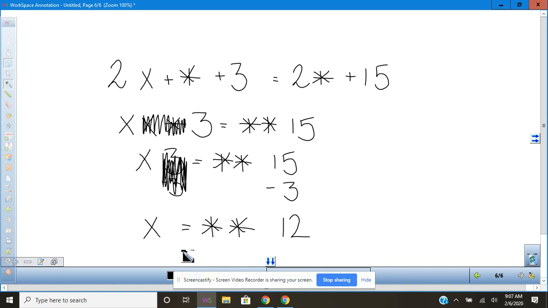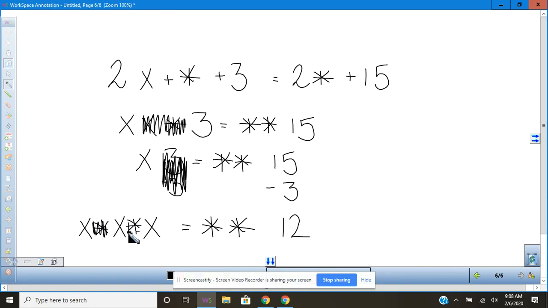My job is to isolate x's or pawns, x's and stars, and the cubes, which is the number. So I can't get rid of this x because if I do, there'll be nothing left on this side. So I have to get rid of these stars, and the only way to do it is by creating zero pairs on this side. So here's a zero pair, and here's a zero pair. And guess what?